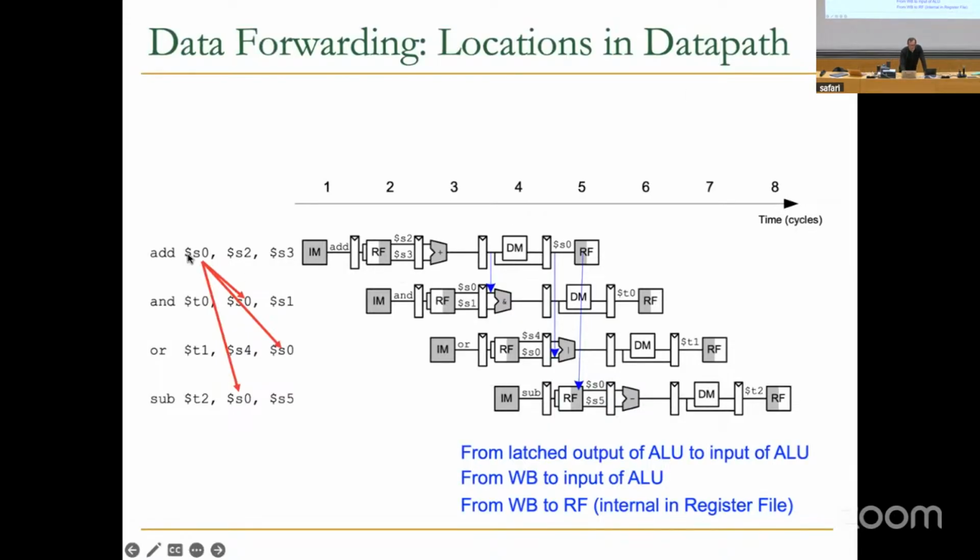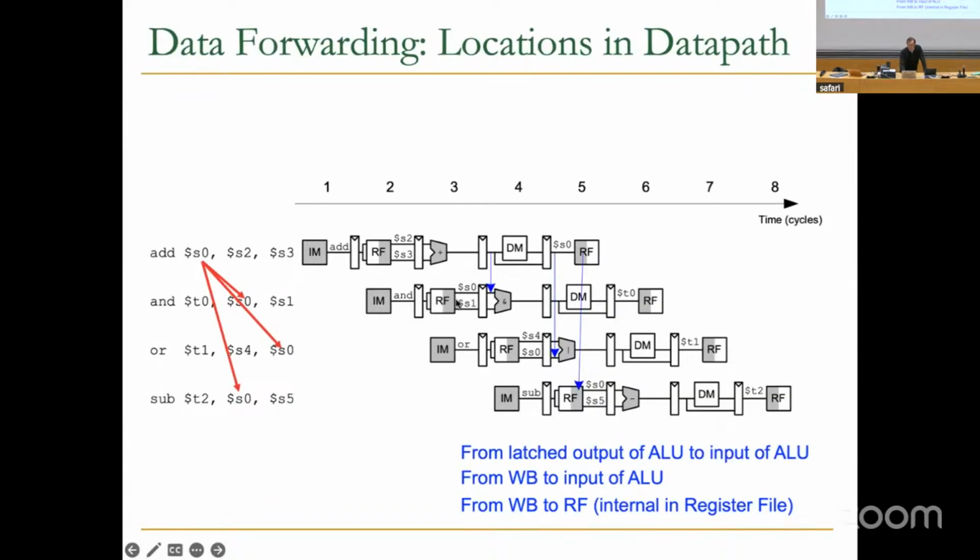So let's take a look at what happened to add. Add got fetched, decoded, executed, meaning it produced the value at the end of clock cycle 3 actually, and it latched the value into this pipeline register. Now, if you detected that and is dependent on S0, you could take that value and put it as one of the inputs, the correct input, of course, of the ALU, and discard what you fetched from the register file, right?